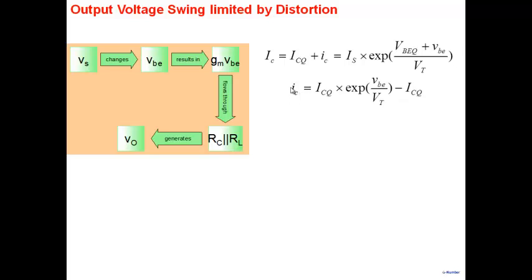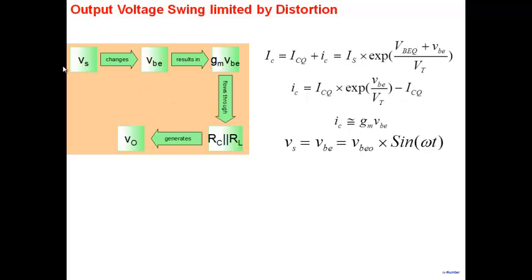So I can write here, sinusoidal IC is equal to ICQ, exponent VB by VT, minus ICQ. So this is sinusoidal, and this is sinusoidal. So that's the actual relationship. And what am I approximating it by? I'm saying IC is equal to GM VB, a linear relationship. Okay. And that's where the trouble is. The relationship between IC and VBE is a nonlinear relationship.